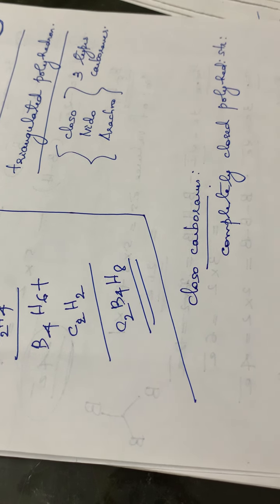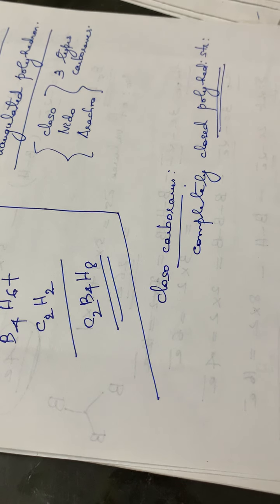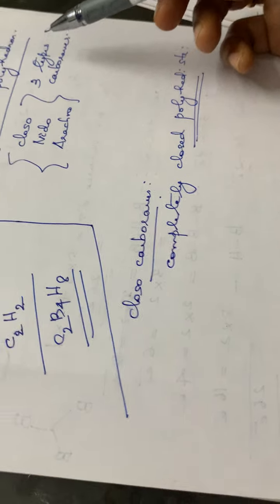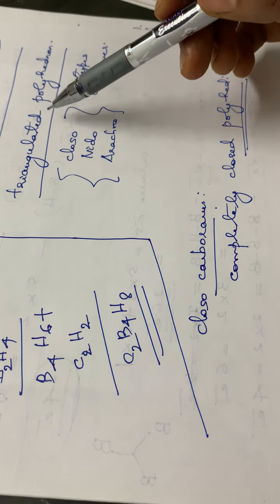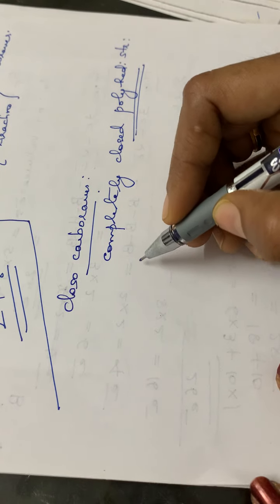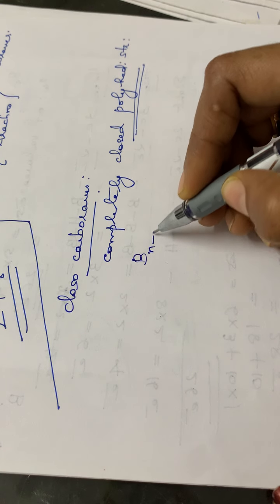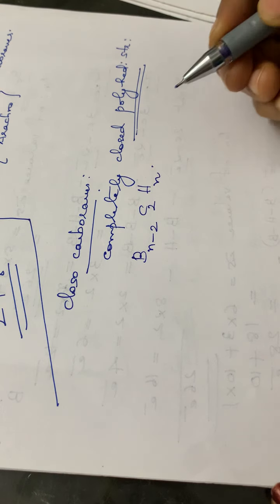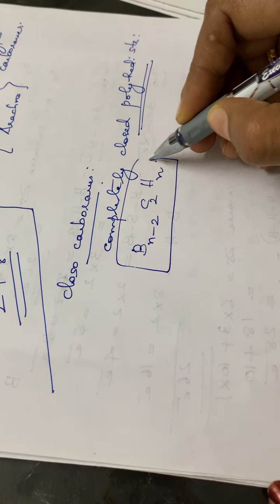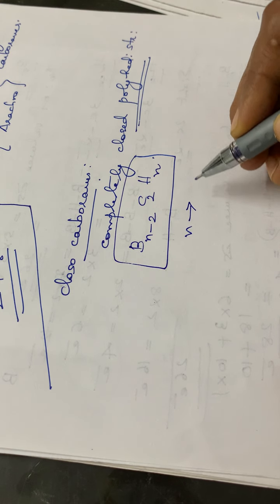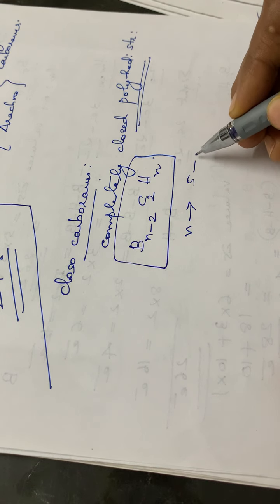The general formula of closocarboranes is Bn-2C2Hn, and n varies from 5 to 12.